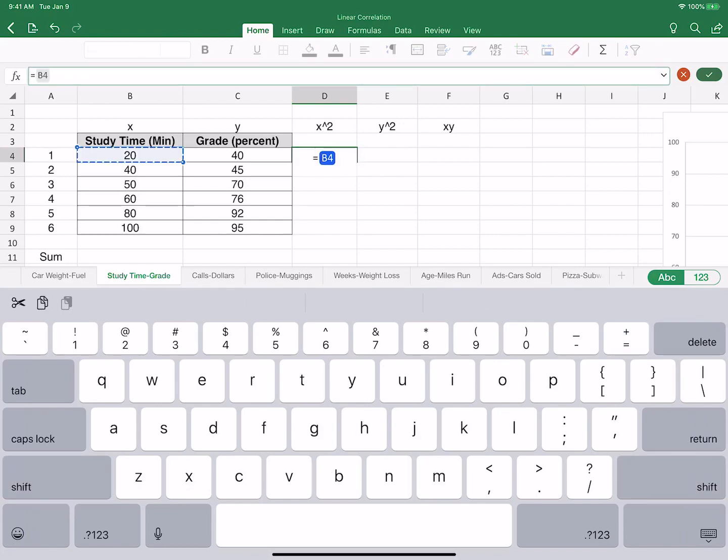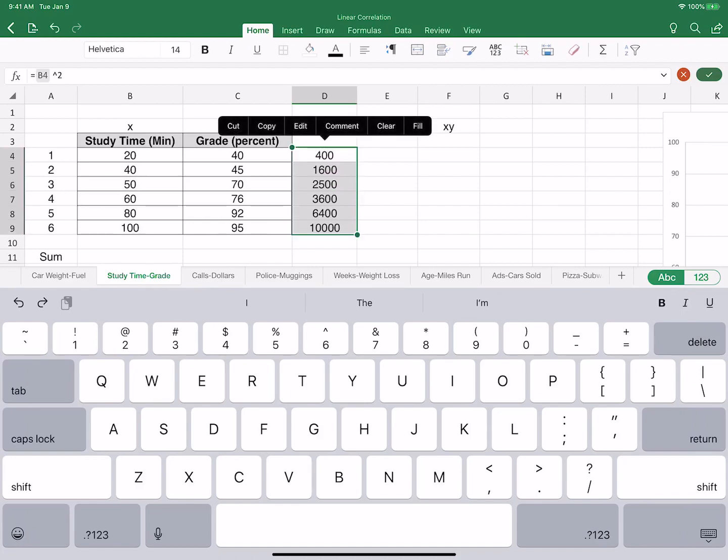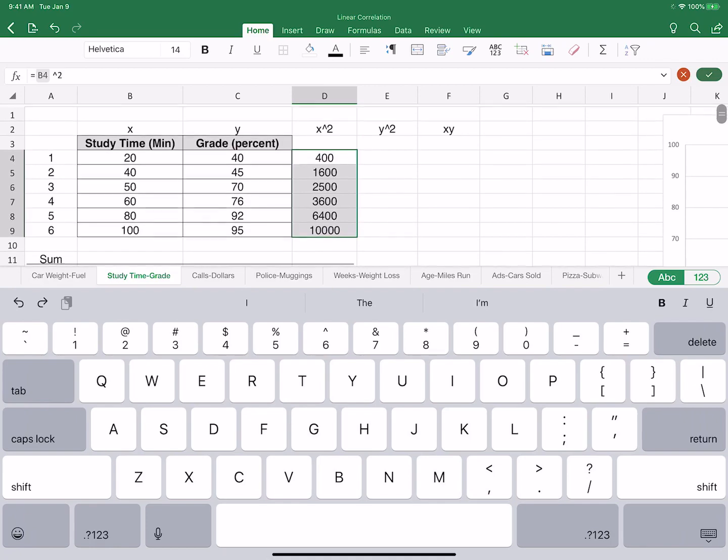Equals, take the x value, raise that to the second power. And I wonder if I can, what do I say fill here? Not fill, let me double check here. Yes. Oh my God, it is there. Oh, I found it. It's the first time I ever used this program. Good. This is going to save us some time.